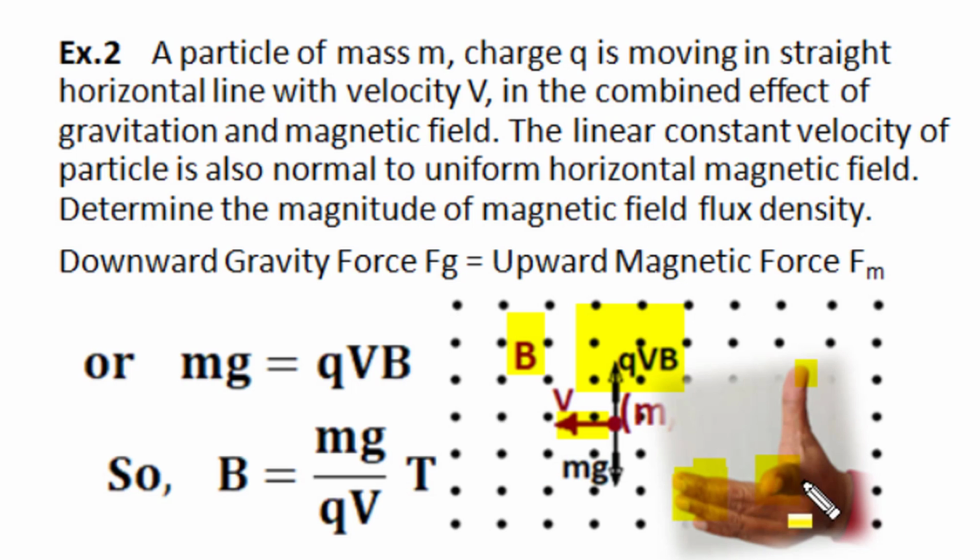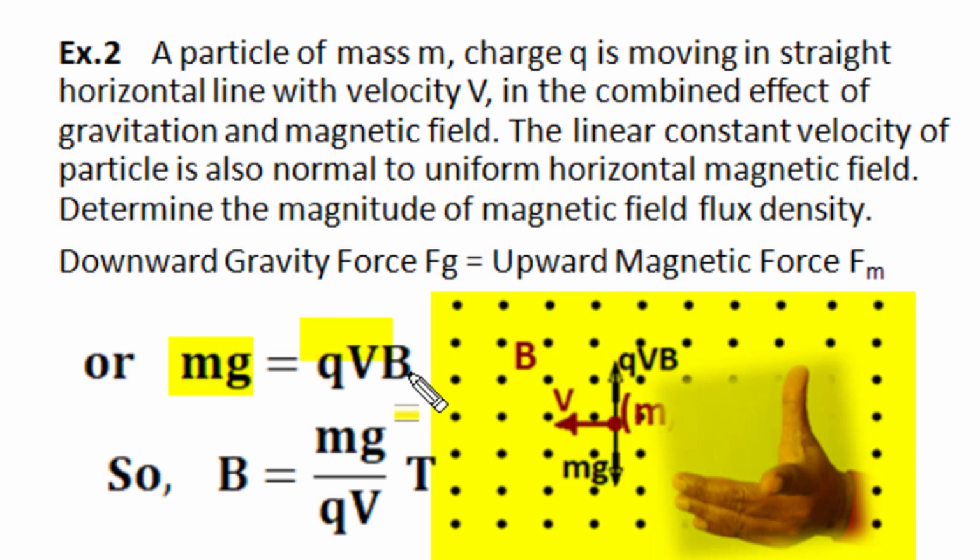Then the forefinger indicates the direction of magnetic field normal to this plane, upward towards us. For balance, gravitational force mg equals magnetic force qvB, and this results in magnetic field flux density B equal to mg upon qv, where m is the mass of the particle, g is acceleration due to gravity, q is the charge of the particle, and v is the linear constant velocity of the particle.